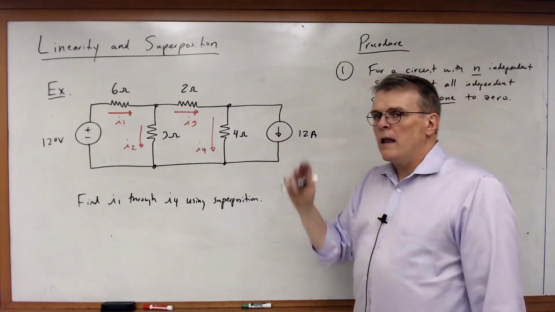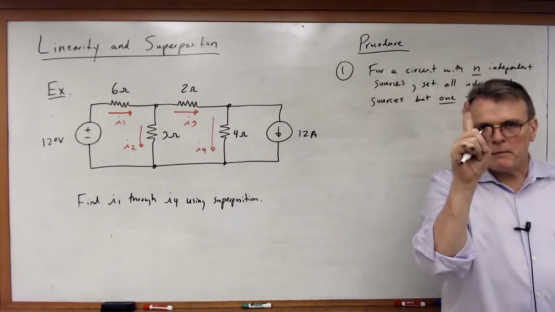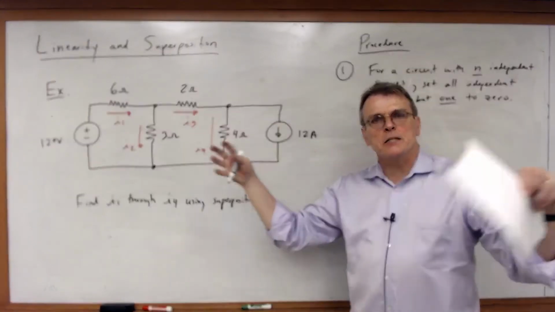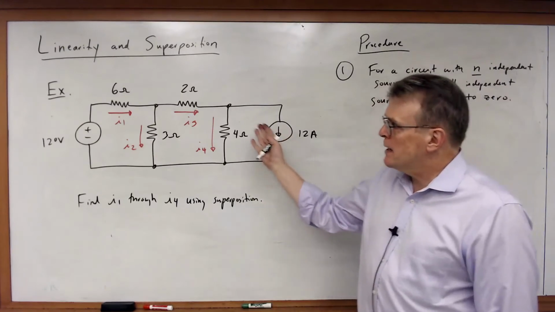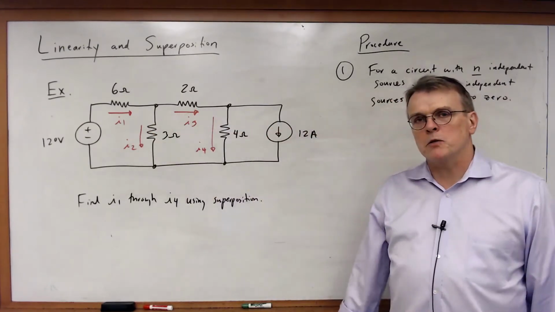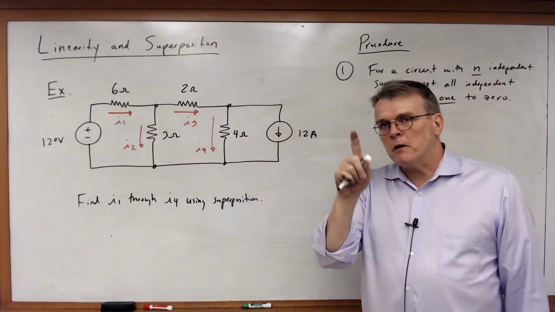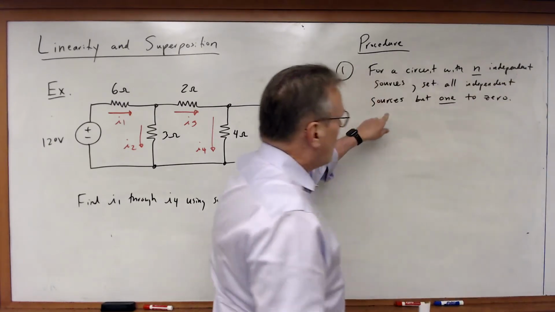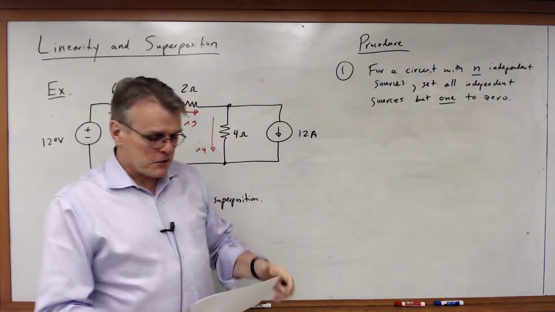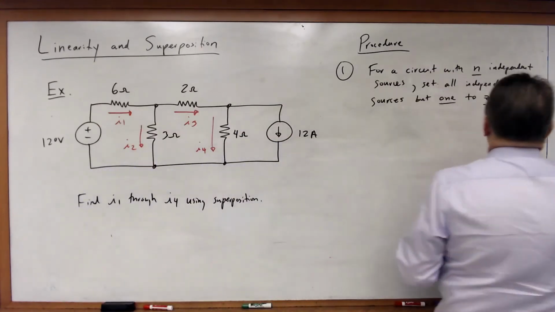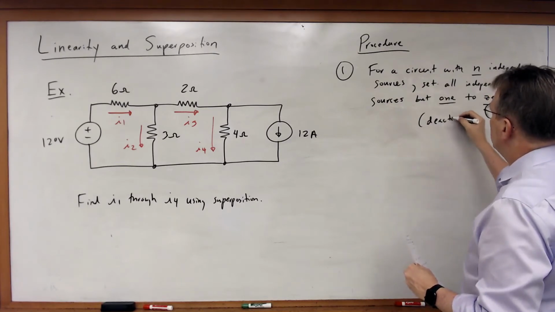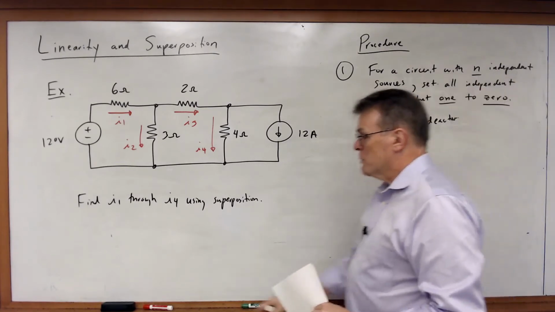So we're going to analyze our circuit with one independent source at a time. Any other independent source in the circuit gets set to 0. So in this case, I have two independent sources, which means I'm going to go through this procedure twice. So I'm going to set all the sources but one of them to 0.